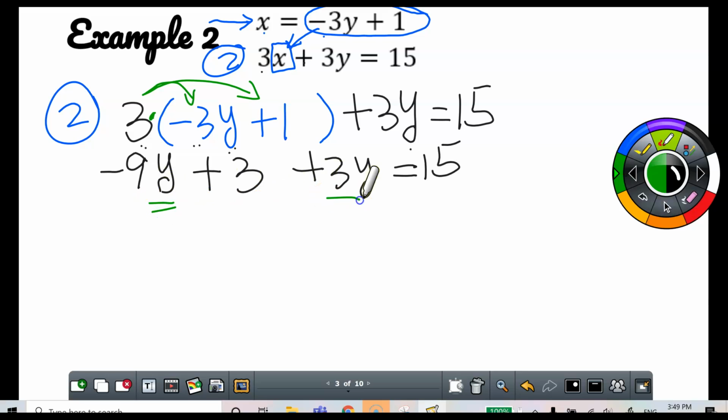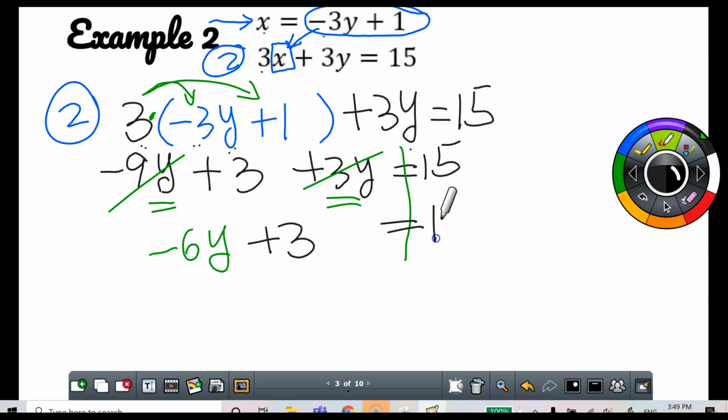You'll see like terms on the same side, so you can combine them. Negative 9 plus 3 is negative 6y. After combining them, they're gone, right? And you have plus 3 you haven't touched. The equal sign and the other side you haven't touched. And now keep solving the equation for y by getting rid of the positive 3 first, by subtracting 3.